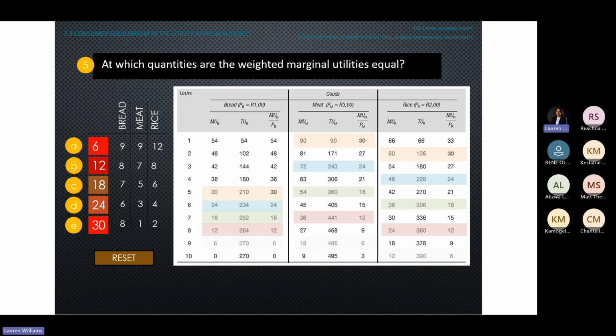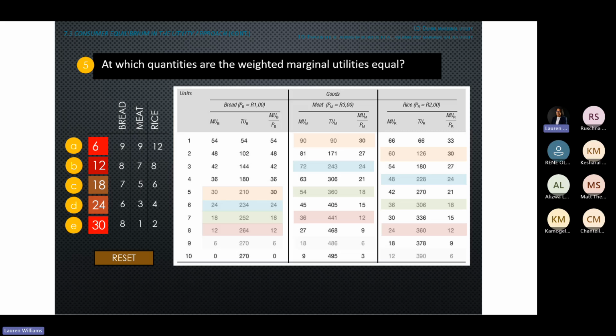There we have a 12 as well. That would be 8 units of bread, 7 units of meat, and again 8 units of rice. Again, she's outside of her budget. There's an 18 as well.